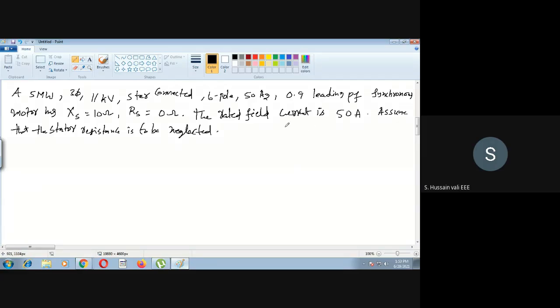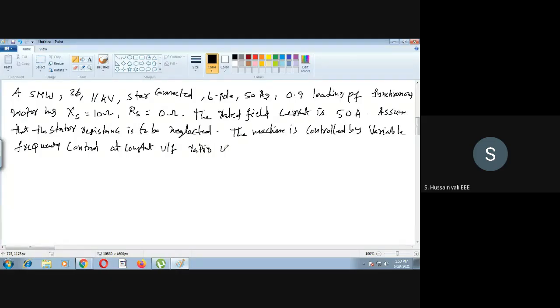The machine is controlled by variable frequency control at constant V by F ratio up to base speed and constant V above base speed.